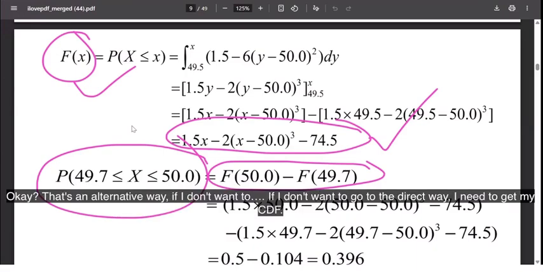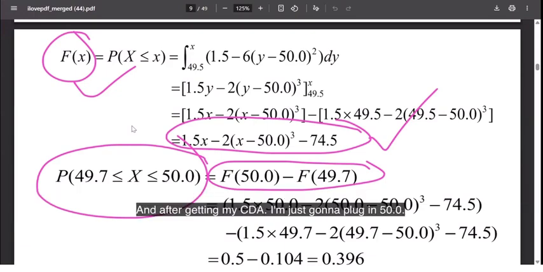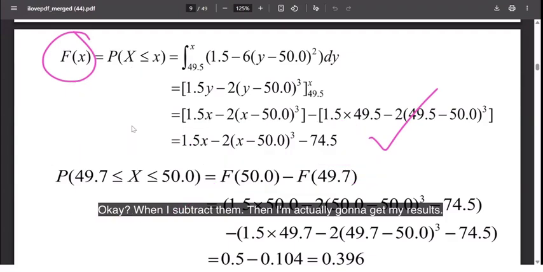That's an alternative way. If I don't want to go through the direct way, I need to get my CDF. After getting my CDF, I'm just going to plug in 50.0, then also plug in 49.7, then subtract them. When I subtract them, then I'm going to get my result.